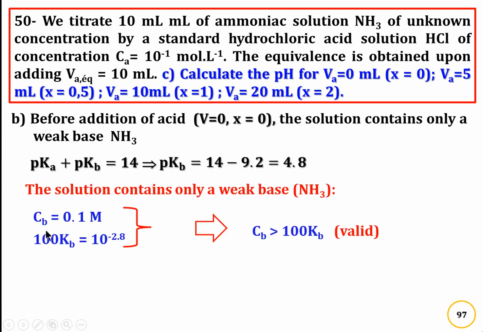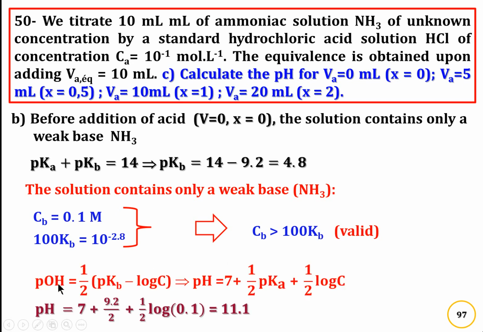We compare C0 with respect to 100 Kb, and Kb is deduced from Ka according to the relation pKa plus pKb equals pKw equals 14. We prove that Cb is greater than or equal to 100 times Kb, so we apply directly the relation pOH equals half pKb plus pC0, or pOH equals half pKb minus log C0, and pOH is transformed to pH.